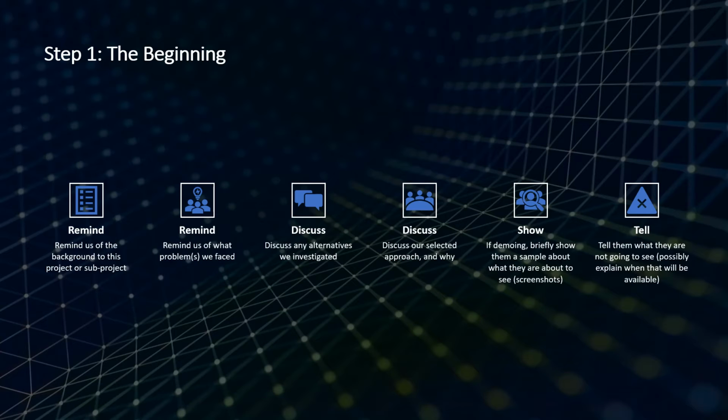You need to remind your audience without going into massive details. However, you need to give them a background. For example, you can say this was the scenario or this was the problem faced, and we can look at potential alternatives, or you can run through them quickly.